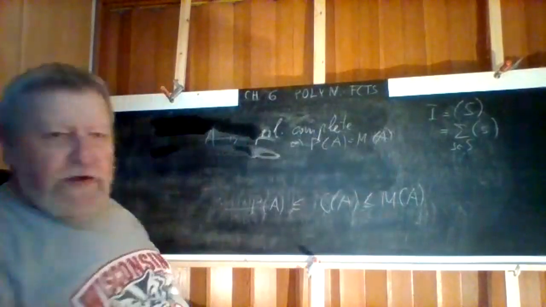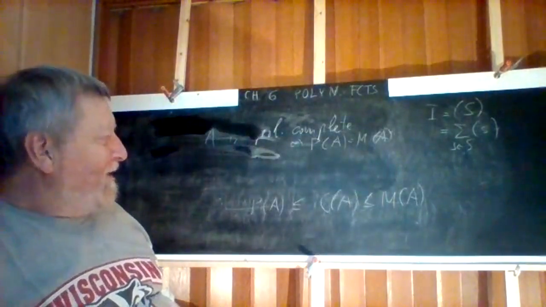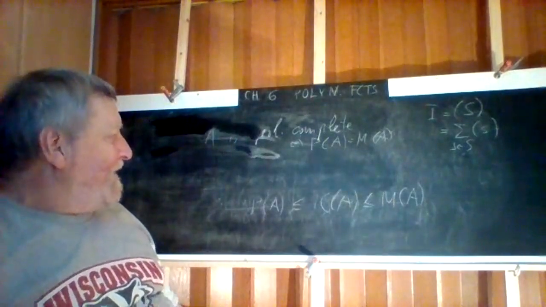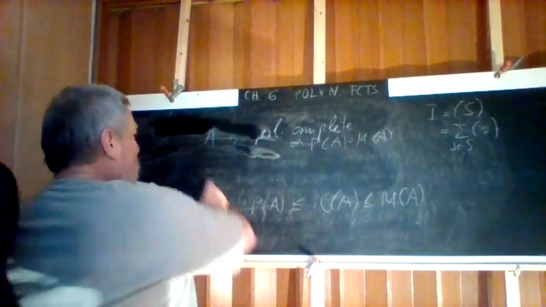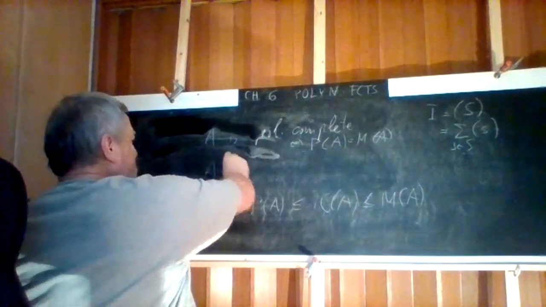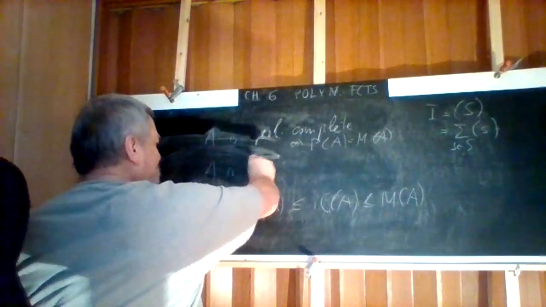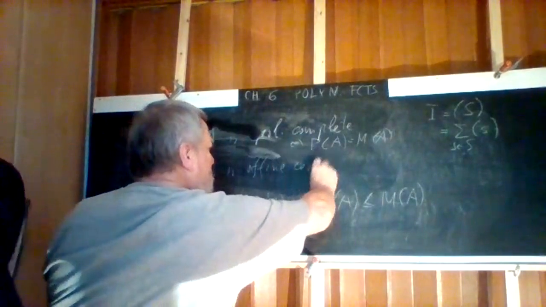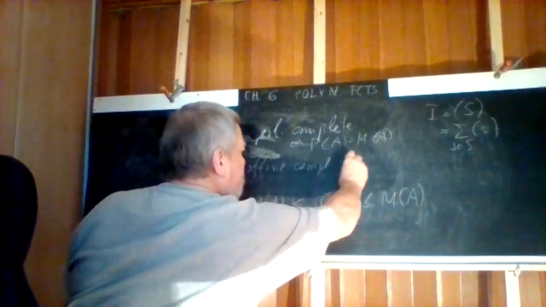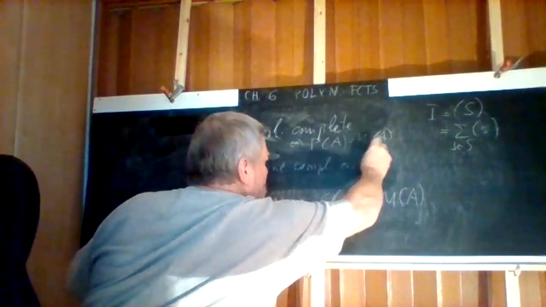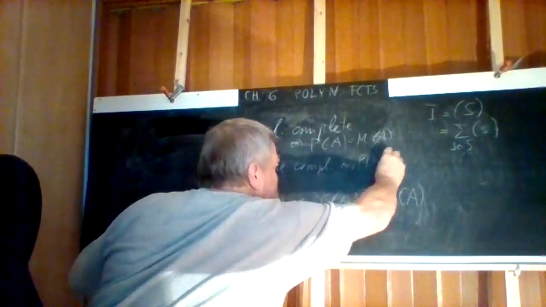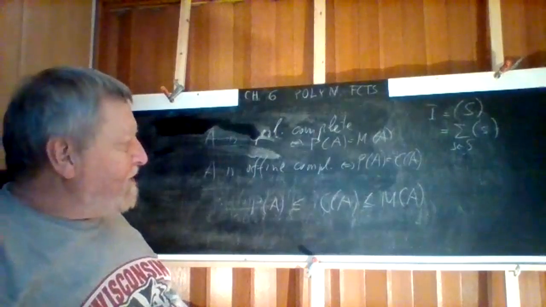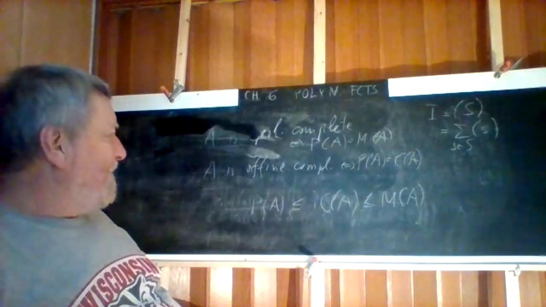So if every function is a polynomial function, which is nice. And we call A to be affine complete if P of A is the same as C of A. So if the polynomial functions and the compatible functions coincide.